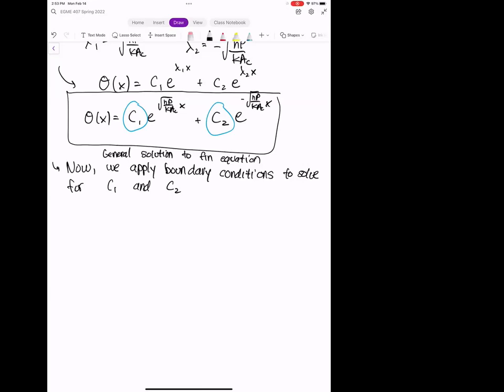Okay, and we have a lot of options here, and so there's quite a few conditions that we can apply. Some that are a lot more work than the other ones. Okay? But no matter what, for all cases, we're going to assume that we know the temperature at the base. Okay.